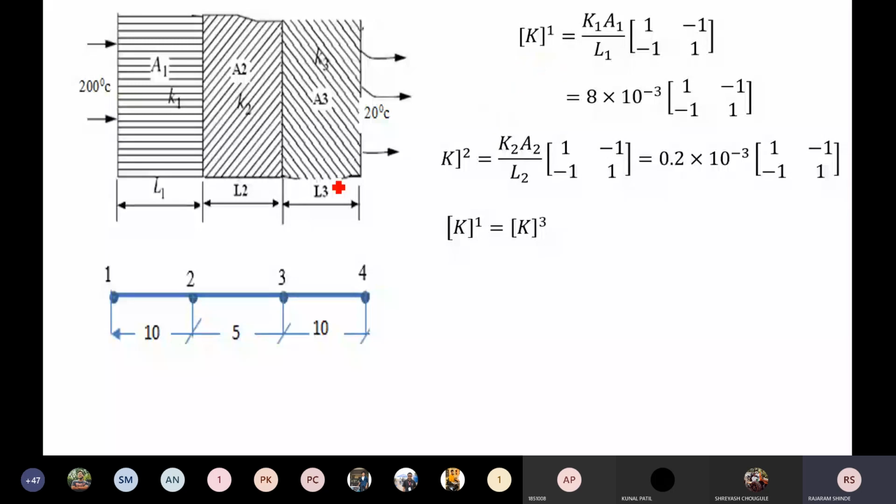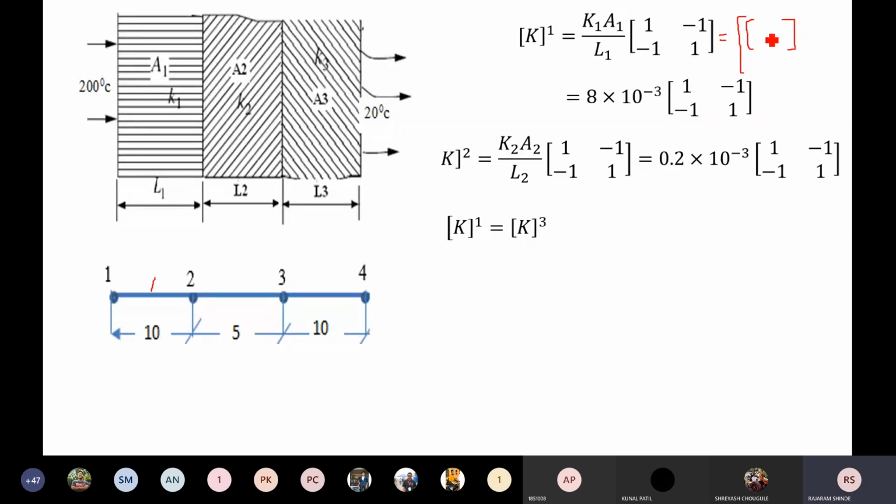You see here, if we consider element number 1, node number 3 is not attached to element number 1. Node number 4 is not attached to element number 1. So if we write its expanded form, you will get the non-zero terms on the first row and second row and first column and second column.